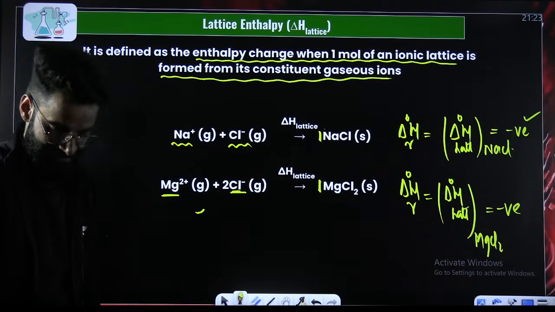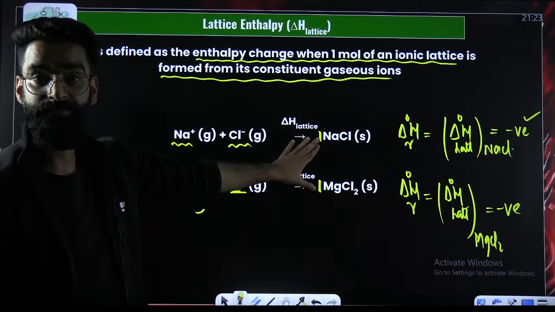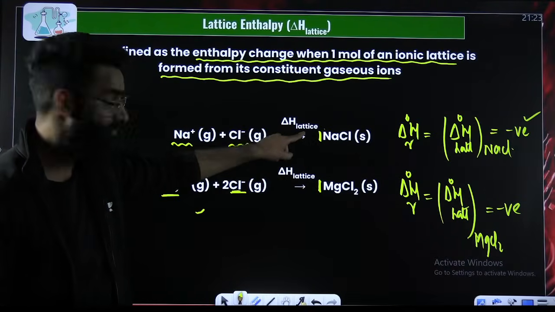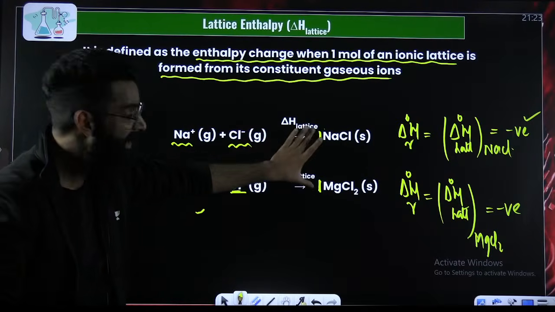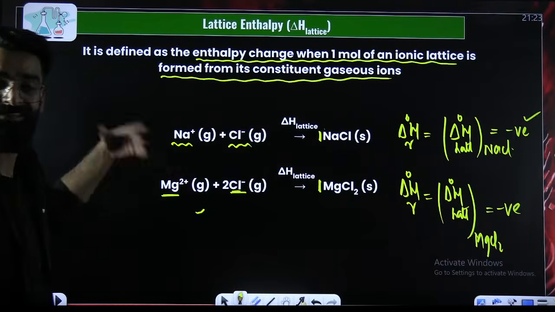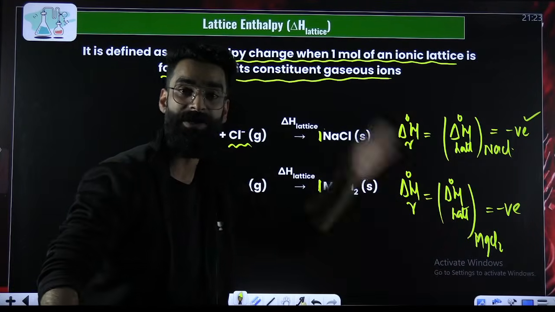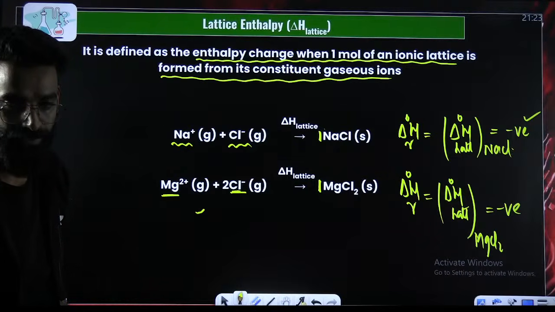If I define it in this way, the amount of energy released when 1 mole of ionic lattice is formed from its constituent gaseous ions is what I call the lattice enthalpy of that ionic solid. Okay? Perfect.